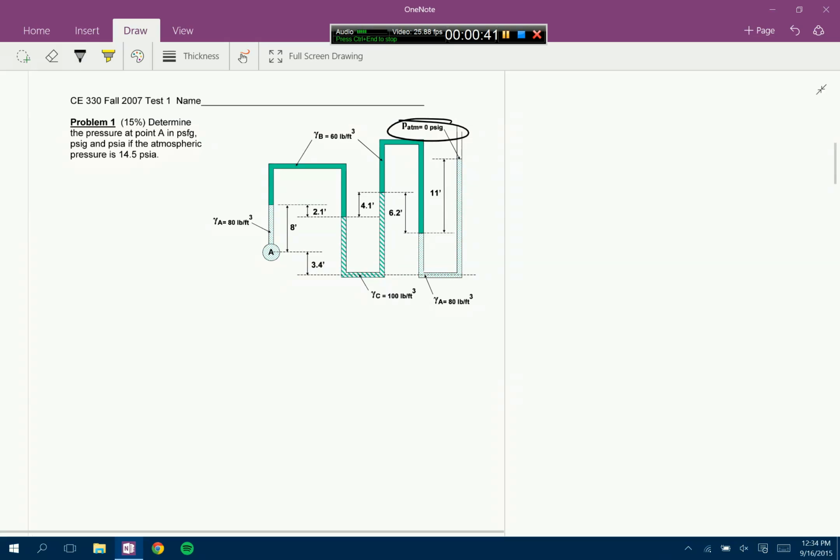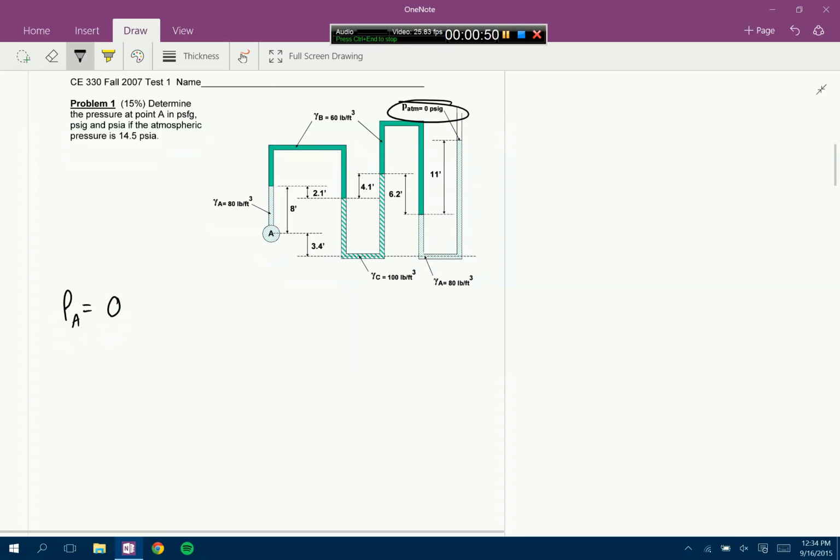So in order to start off, the pressure at A, which is the final value that we're looking for, is the starting value, which is just 0, plus 11 feet, which is right here, times the specific weight of that particular fluid that we're going down through, which in this case is given by gamma A. And so that's the pressure at this point right here.